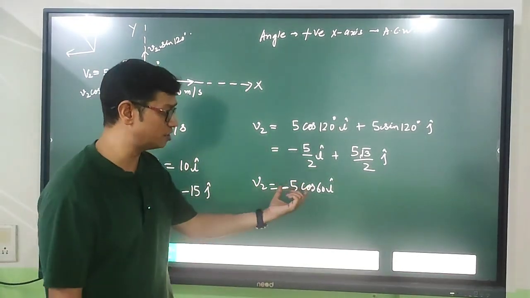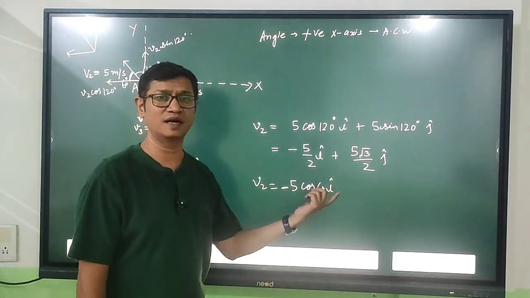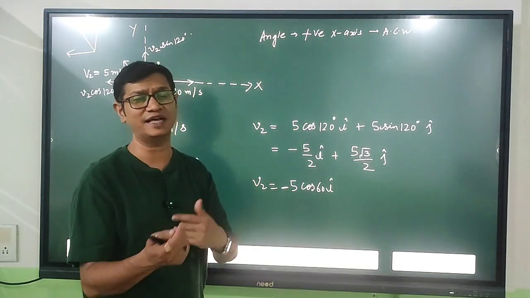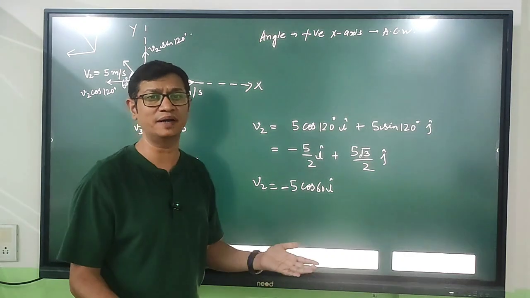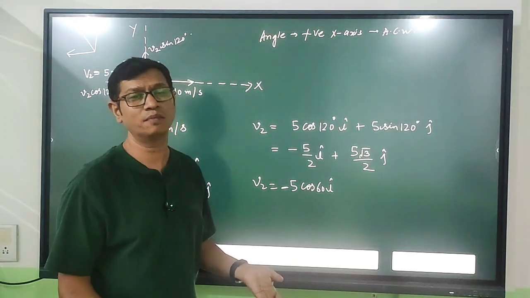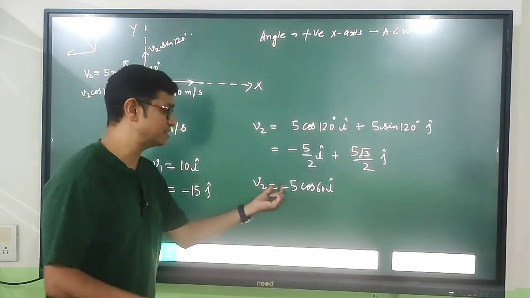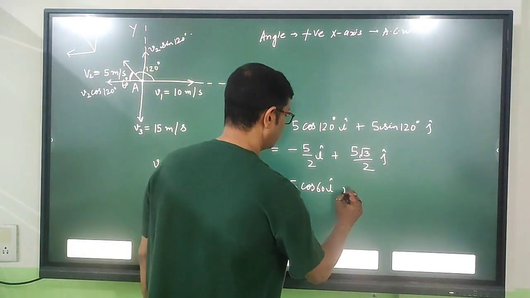Because one more thing, you are doing this i cap and j cap to a certain extent. After a certain extent, you will just be adding or subtracting these components as per the direction orientation, right? So this i cap and j cap are going to be immaterial once you become more comfortable using the resolved form of a vector.